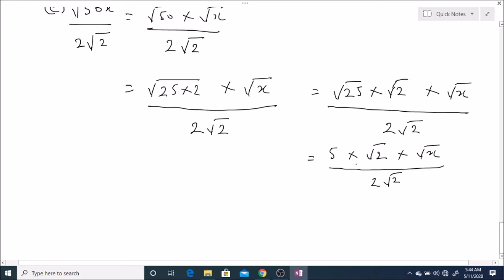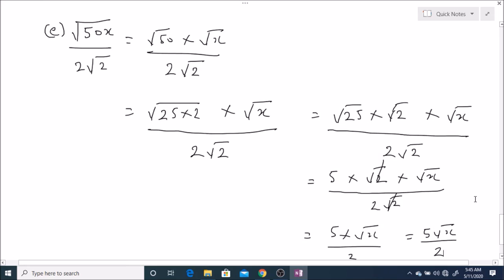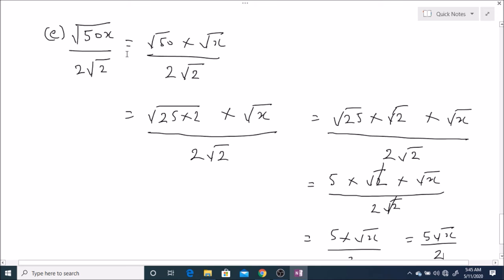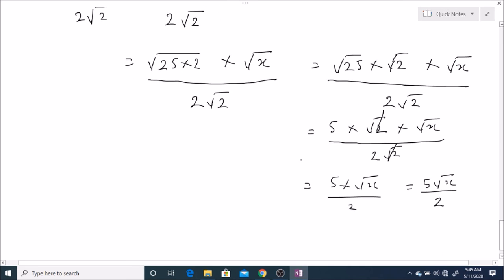We can simplify this by cancelling the root of 2 here and the root of 2 there. So this gives us 5 times root of s over 2, which is the same as 5 root s all over 2. Hence, root of 50s over 2 root 2 is the same as 5 root s over 2.